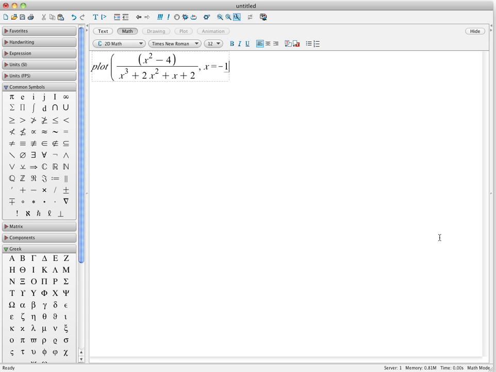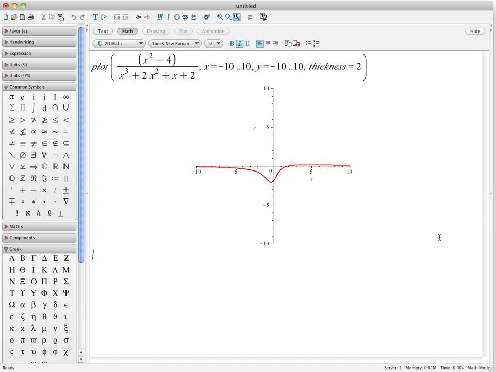Let's make x go from negative 10 to 10, y equals negative 10 to 10. Don't know if that'd be enough or not, but it's a good place to start. And let's go ahead and do thickness equals 2 this time. Not quite as thick, but maybe, okay, all right. So there we go. This is what my graph looks like.